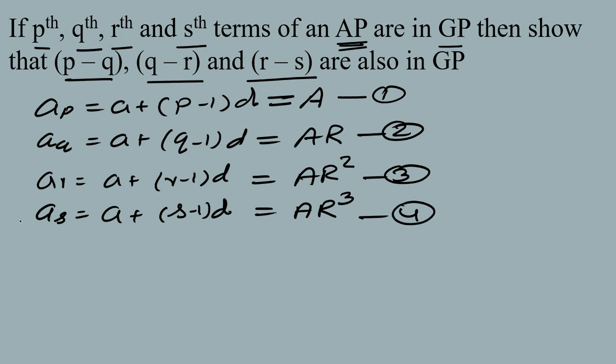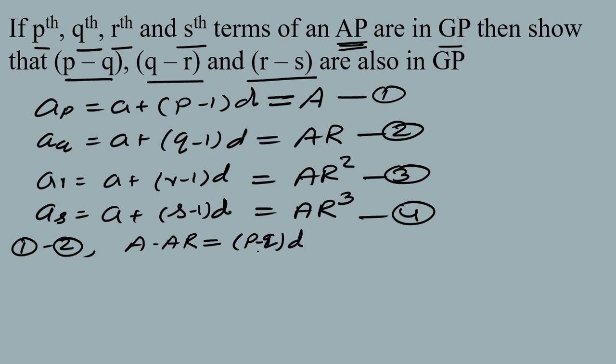So 1 minus 2. If I subtract the second equation from the first, what will you get? A minus AR is equal to, I don't have that much space, so I am doing it in short. The A will be cancelled out, the minus 1 will be cancelled out, and you will get D times (P minus Q).